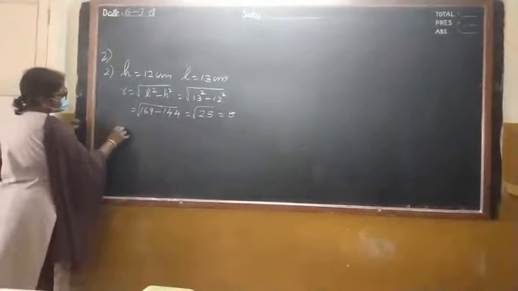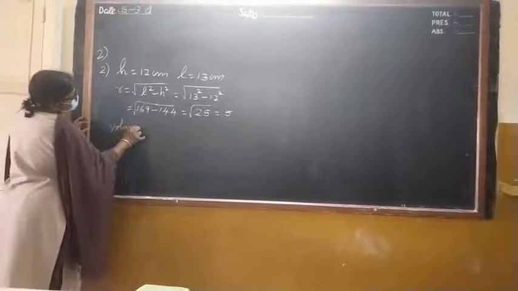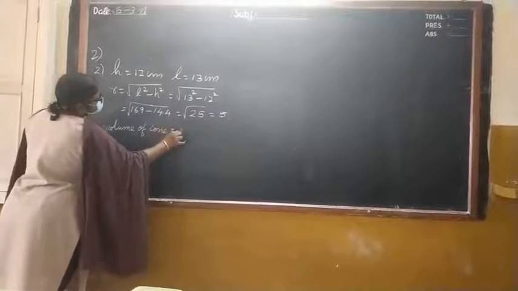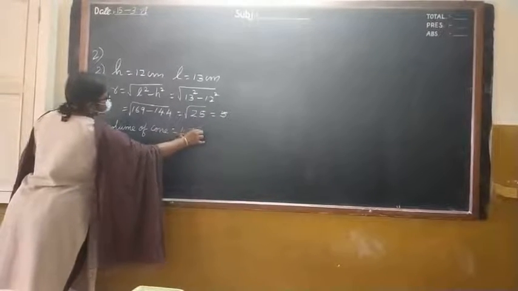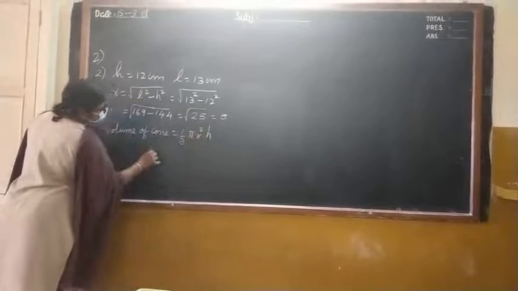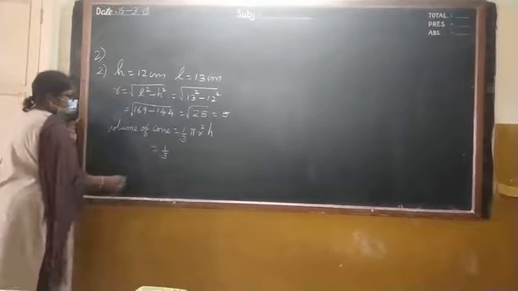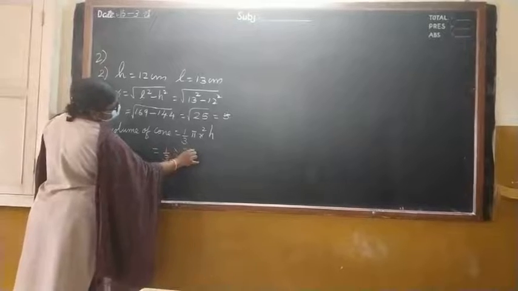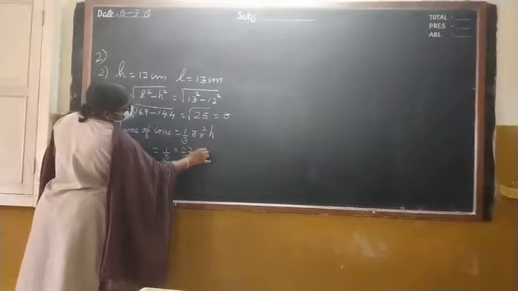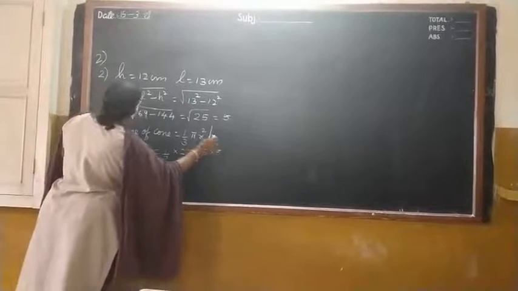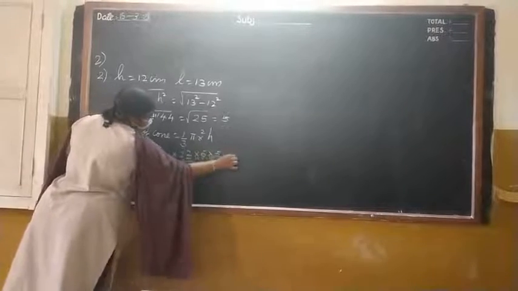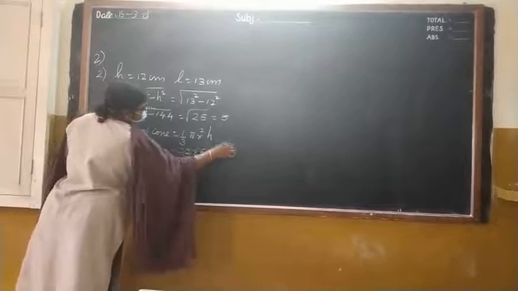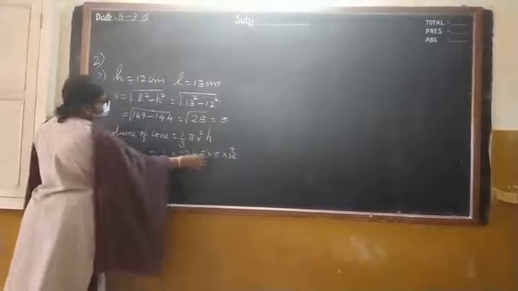Now find the volume. Volume of cone is equal to 1 by 3 pi r square h is equal to 1 by 3 pi, 5 into 5 into 12. 4, then 25.